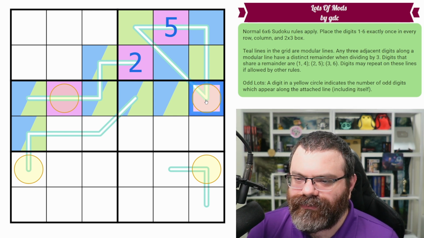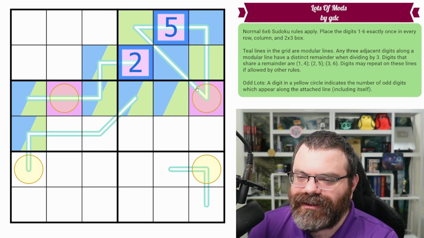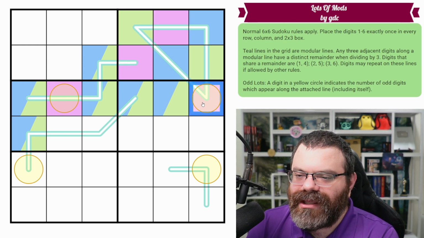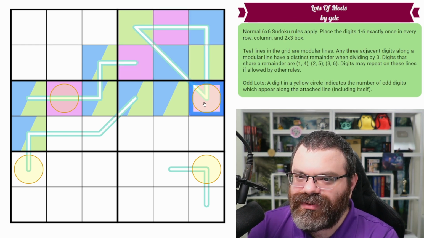I think we're really limited here. There's something going on with this, because this is also purple, right? Okay. This is 2, 3, or 4.